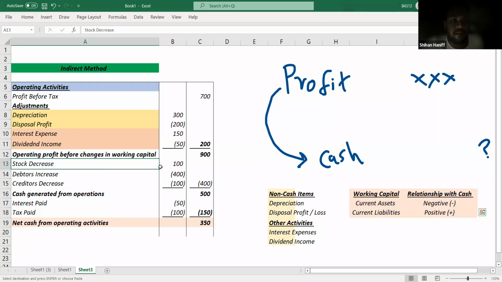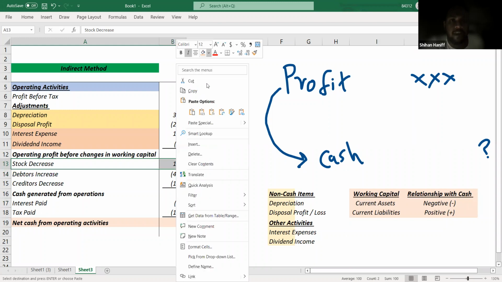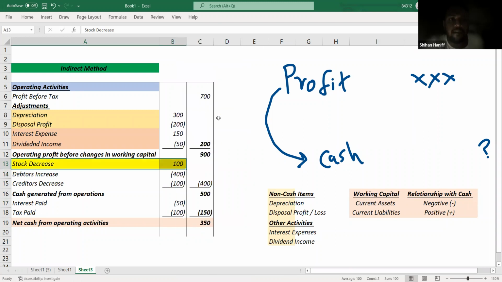So if the stock is decreasing, we will increase the cash. We check the increase from opening and closing balance. Let's say the opening balance is 500, closing balance is 600. Or opening balance is 500, closing balance is 400. So decrease means cash increase.